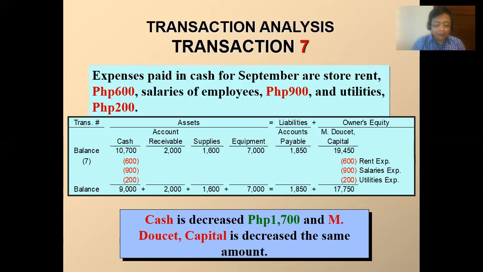So 9,000 plus 2,000 plus 1,600 plus 7,000. The balance now is 19,600 of all the assets. Sa kabila, 1,850 plus 17,750. Yes, still the same. 19,600 here, 19,600 here. Cash is decreased by 1,700 and also will decrease the capital by the same amount because it is part of your expense.